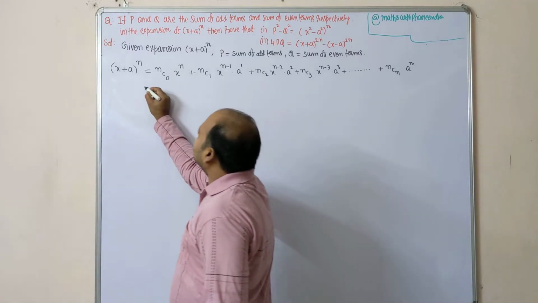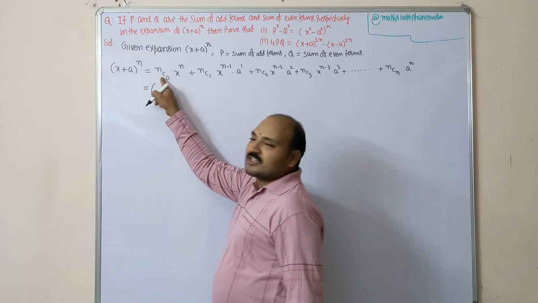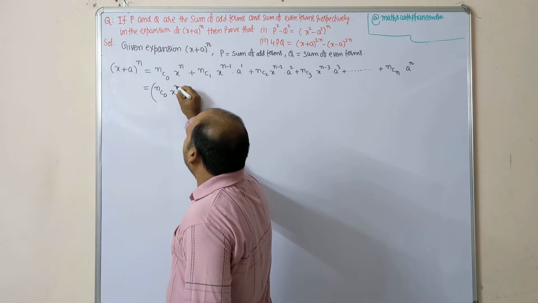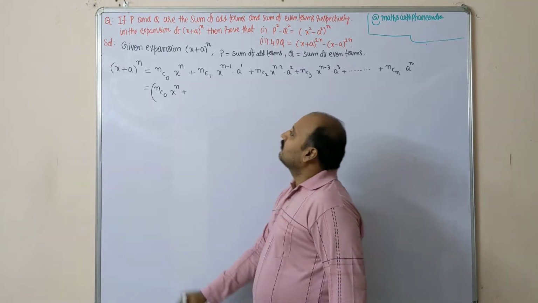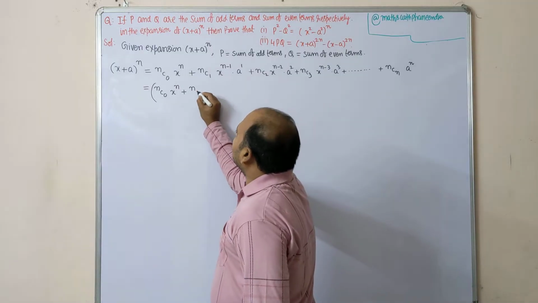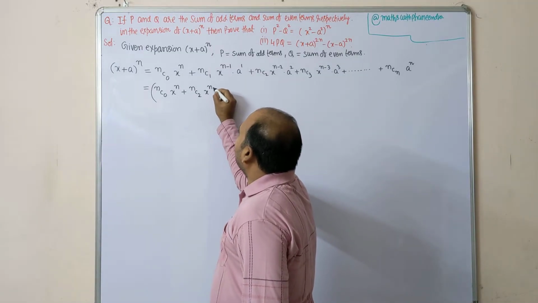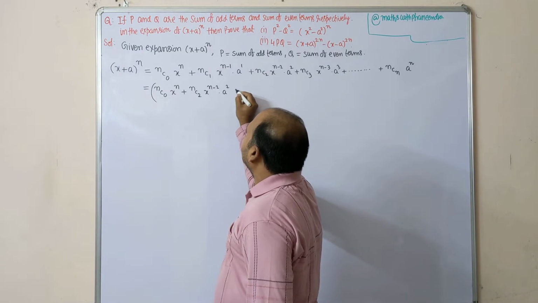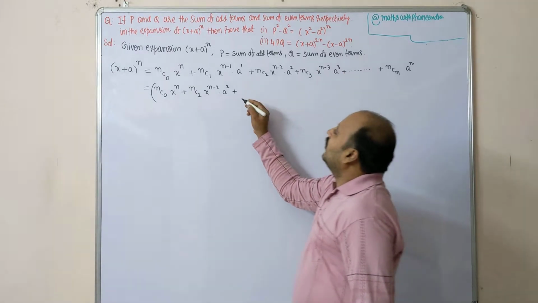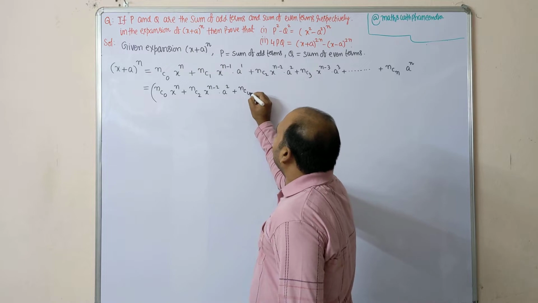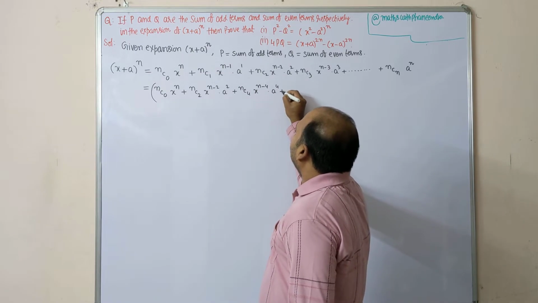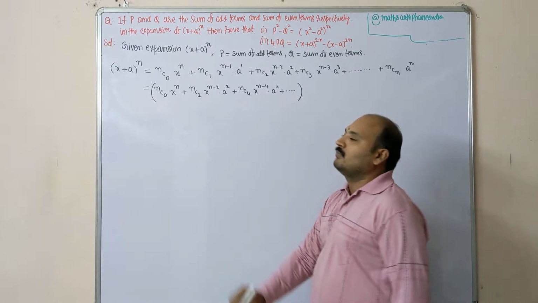So can we write it like this? This is the first term, odd place: nC0 x power n, plus, after that the odd place is nC2 x power n minus 2 a power 2, plus later on nC4 x power n minus 4 a power 4, plus and so on.